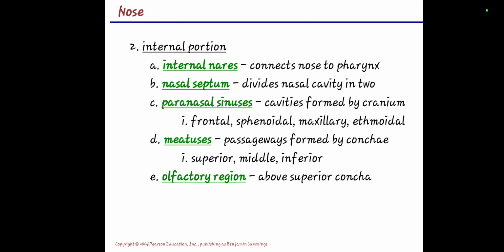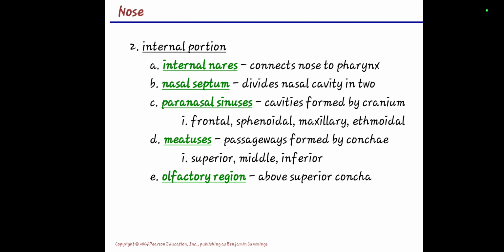When we're trying to figure out what the nasal septum is, it is basically the division of the nasal cavity into two portions. It is a separation of your cartilage, and it will divide into two.